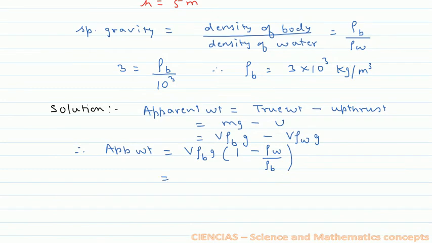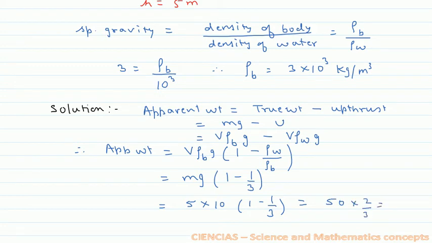Volume of body into density into g is mg, weight of the body, into 1 minus 1 upon 3, since density of body upon density of water is 3. Mass of the body is 5 kg, g is 10, into 1 minus 1 upon 3. That is equal to 50 into 2 by 3, or that is equal to 100 by 3 kg.